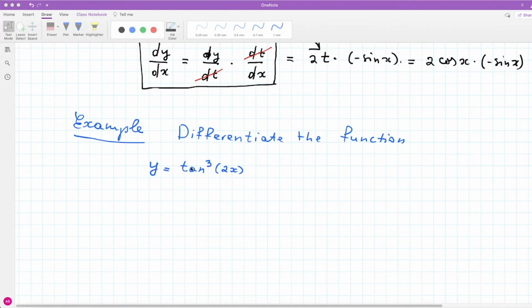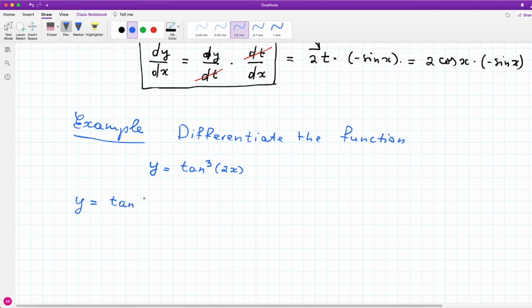We see the cube next to the tangent, and so tangent is being cubed, but tangent is applied to 2x. So perhaps an easier way to understand this function is the following.